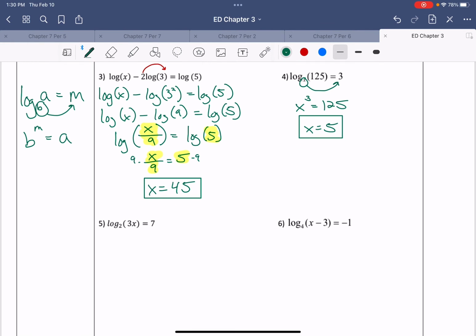So for this one, 2 to the 7th power equals 3x. 2 to the 7th is not one I told you to memorize, so you can leave it like 2 to the 7th, but you have to finish solving for x. So divide by 3. X equals whatever 2 to the 7th over 3 is.